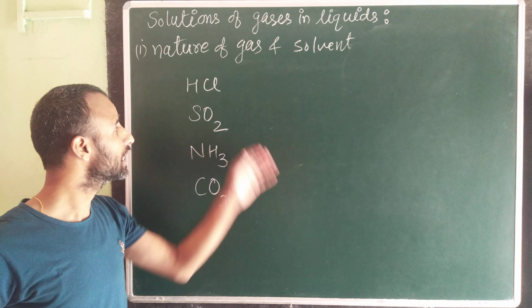Now if we compare O2, N2 and helium, O2 has higher molar mass, higher van der Waals attractions, or we can say dispersion forces, than N2, than helium. That's why O2 is more soluble than N2, N2 is more soluble than helium.